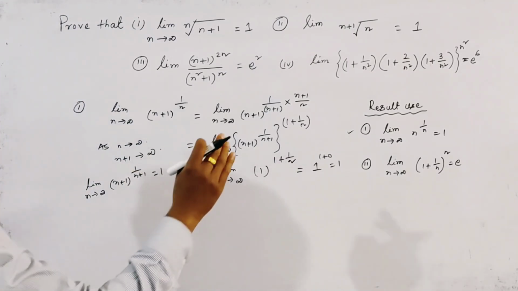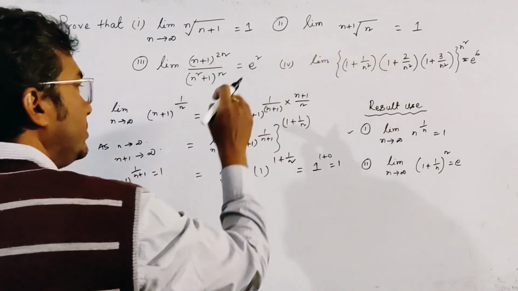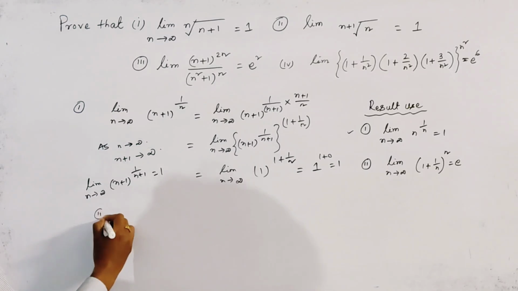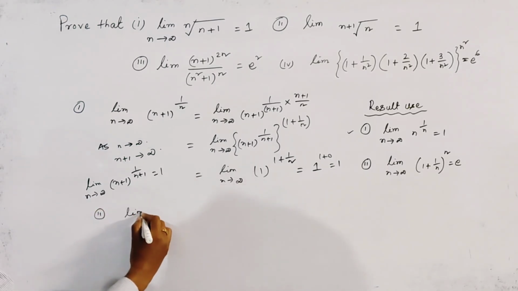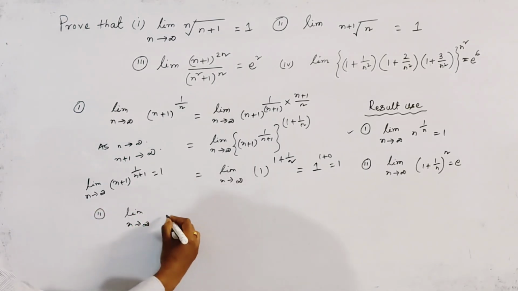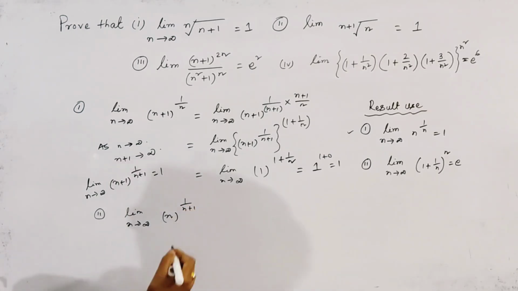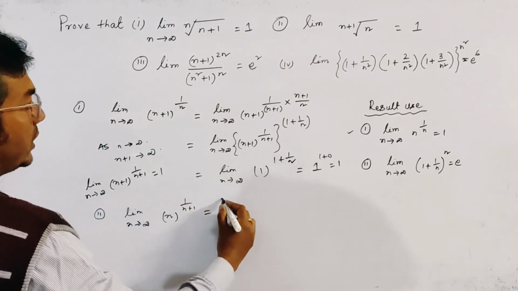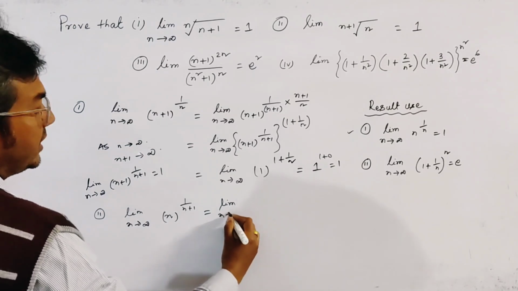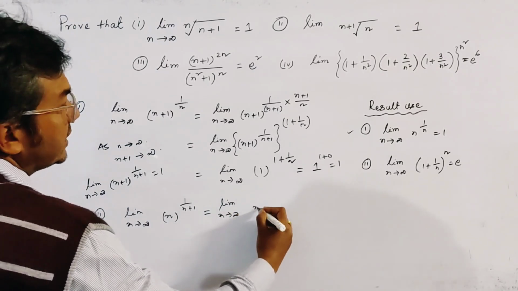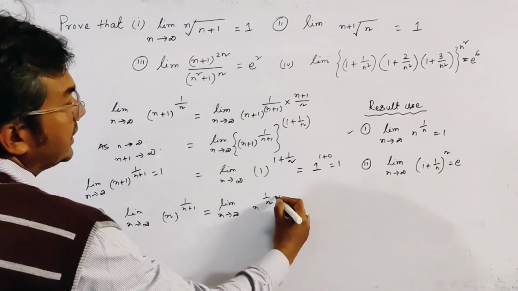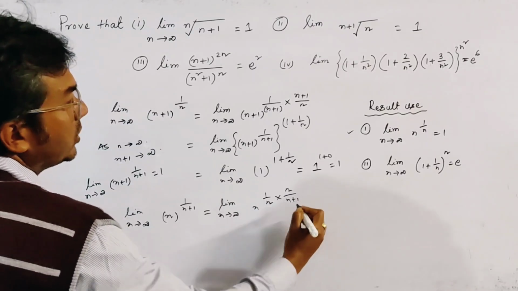Now the second limit is similar to the first. We have limit n tends to infinity, n to the power 1 by n plus 1, and similarly this can be written as n to the power 1 by n into n by n plus 1.